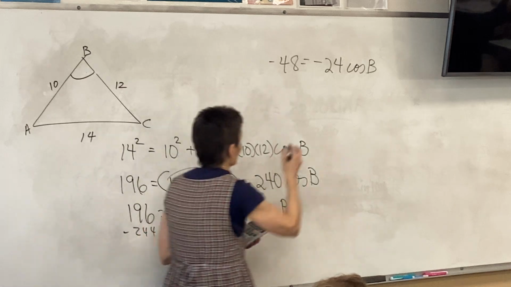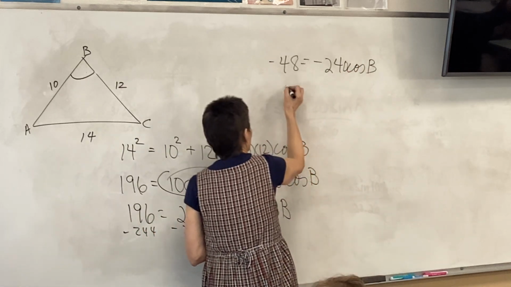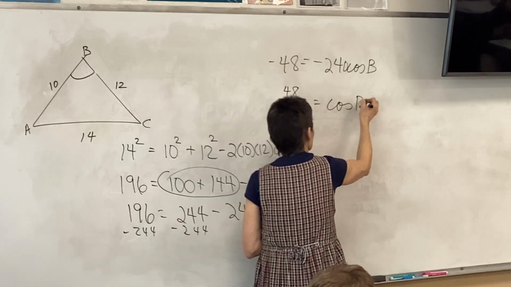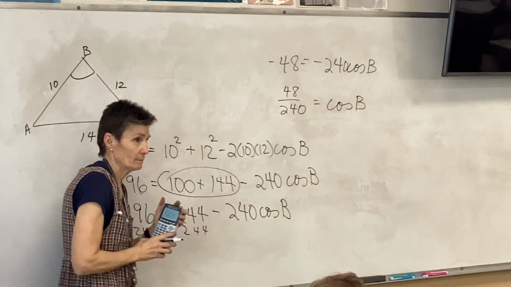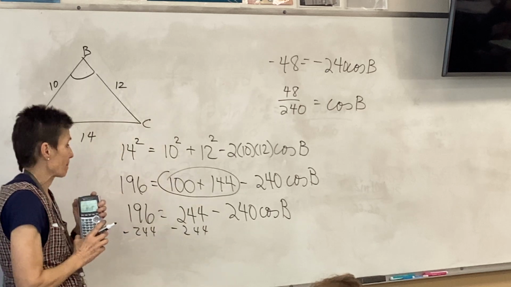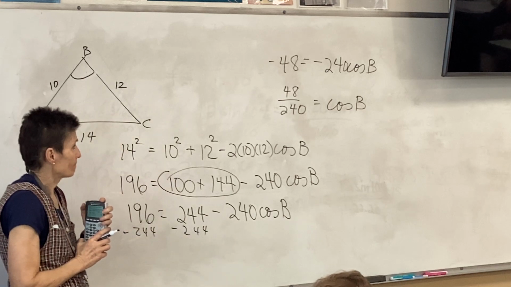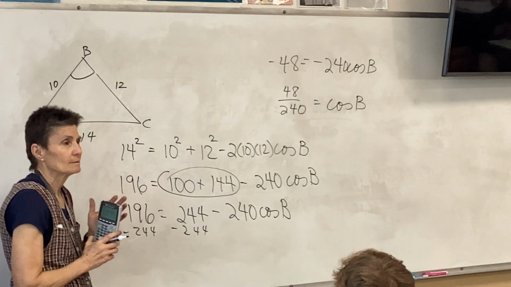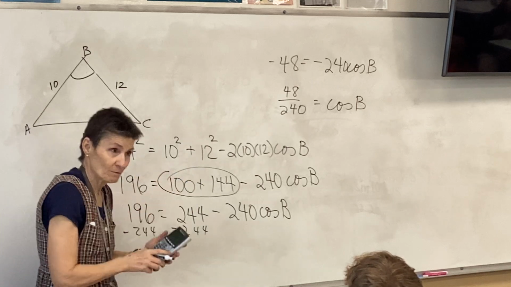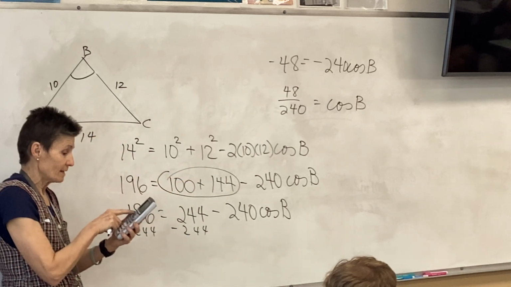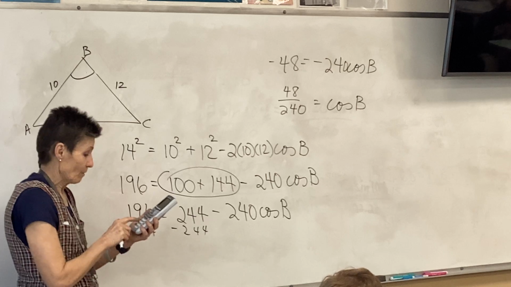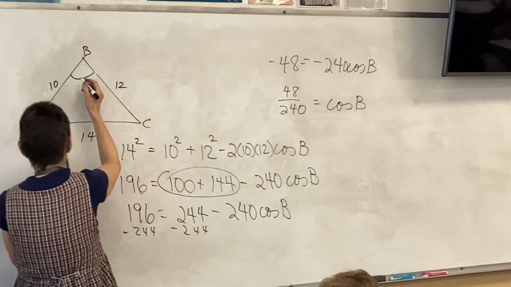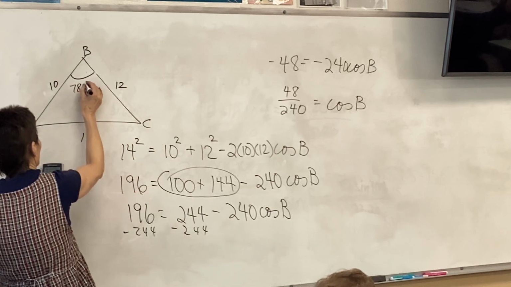Divide by negative 240. So I'm going to have 48 over 240. What happened to the negatives? Canceled, right? How do I type that in on my calculator? Inverse cosine, absolutely. So second cosine, 48 divided by 240, and angle B is 78.46.